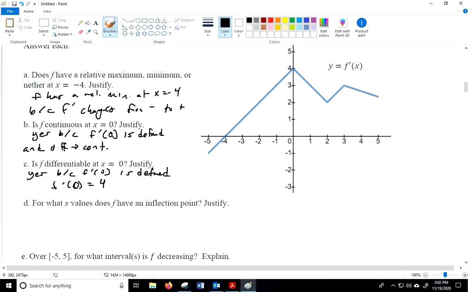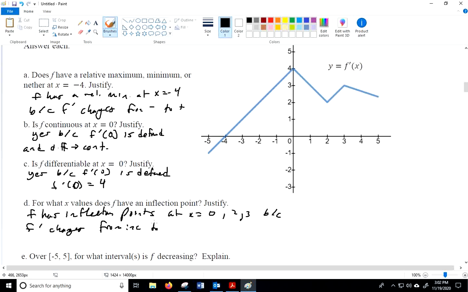We know its value. For what x values does f have an inflection point? Okay, well, f has inflection points at x equals 0, 2, and 3 because f prime changes from increasing to decreasing or decreasing to increasing.